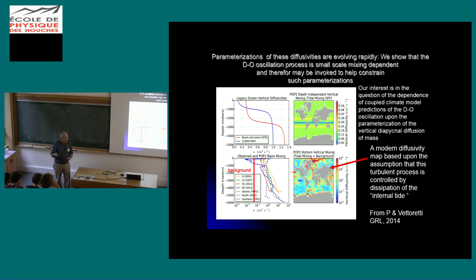So in the most recent version of the NCAR model, based on work of Jayne and others, there's a hardwired structure in the model which links diapycnal diffusivity, which is shown here on the bottom itself, directly to the topographic elements on the bottom of the ocean.